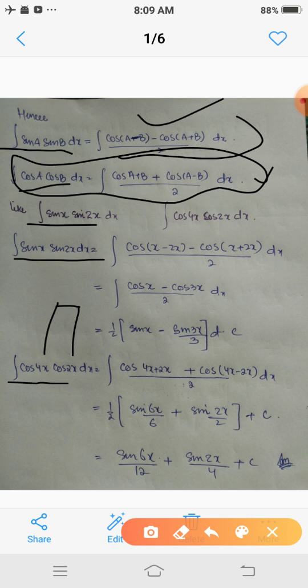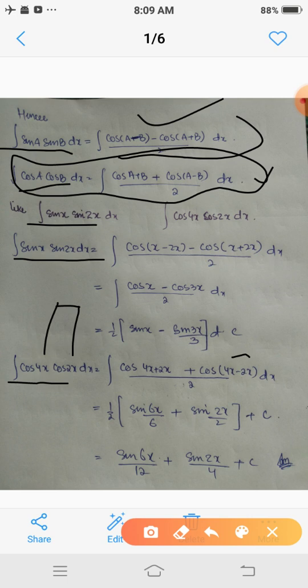Its integration with respect to x is sine 6x upon 6. Now 4x minus 2x is 2x, it is cos 2x, and its integration with respect to x is sine 2x upon 2. So in this way we find the indefinite integral of sine a cos b, sine a sine b and cos a cos b.